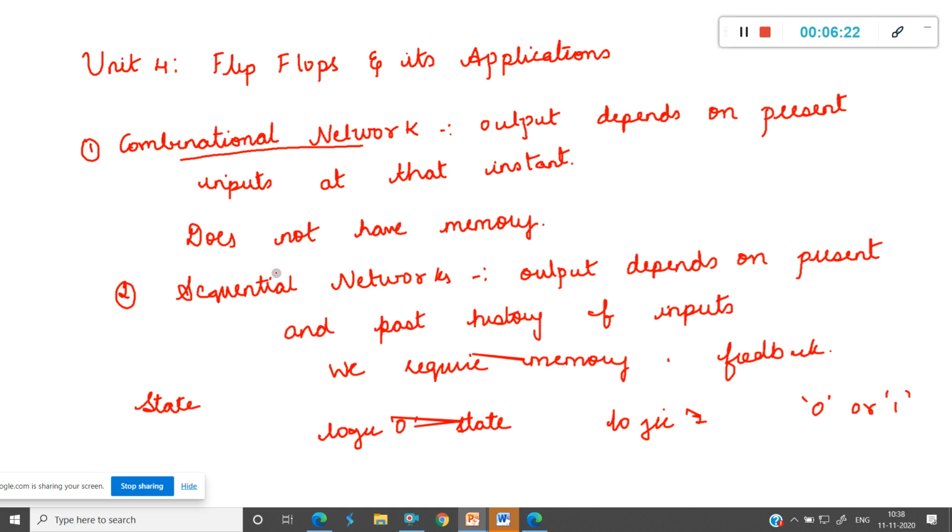So flip-flops have memory to store the states. The state of the network may be either logic 0 or logic 1. If the network is storing logic 0, then it is logic 0 state. If the network is storing logic 1, then it is known as logic 1 state.